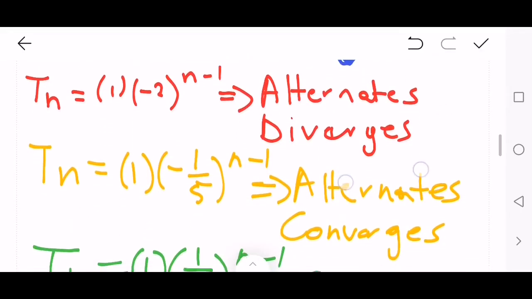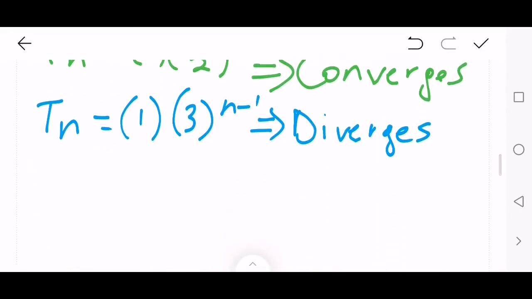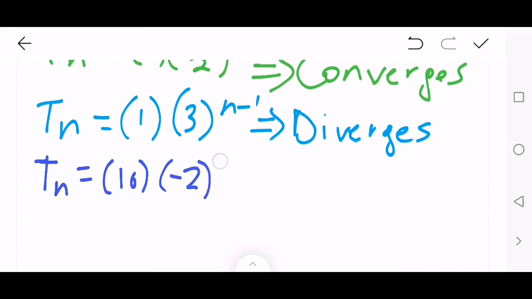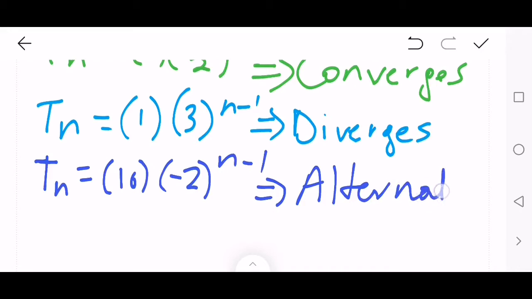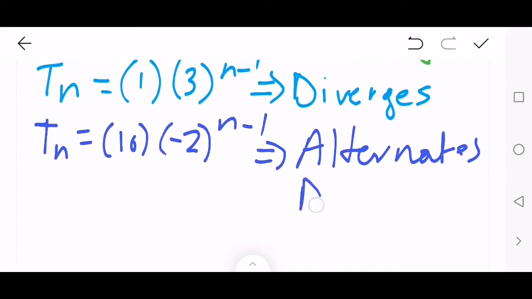So for Tn equals 10 times minus 2 to the n minus 1, we can see that the sequence alternates and diverges.